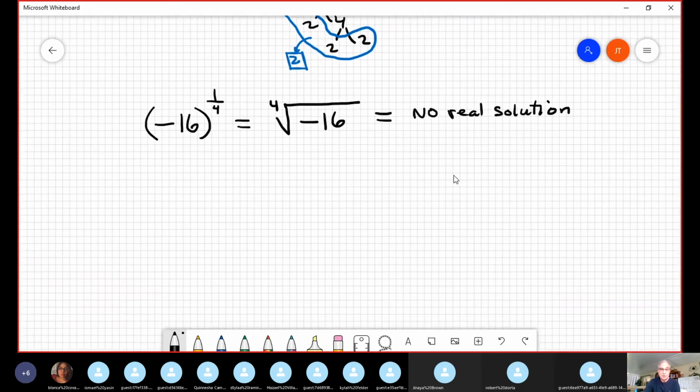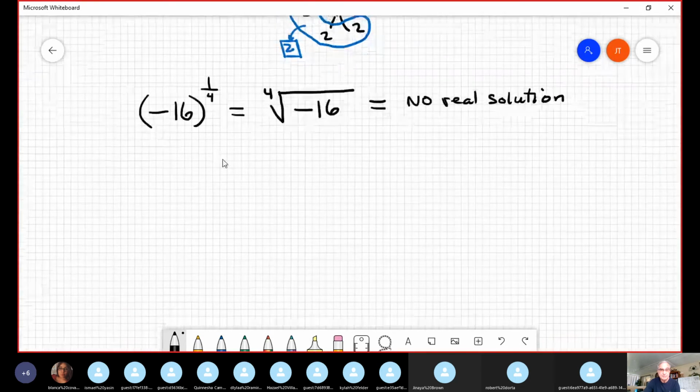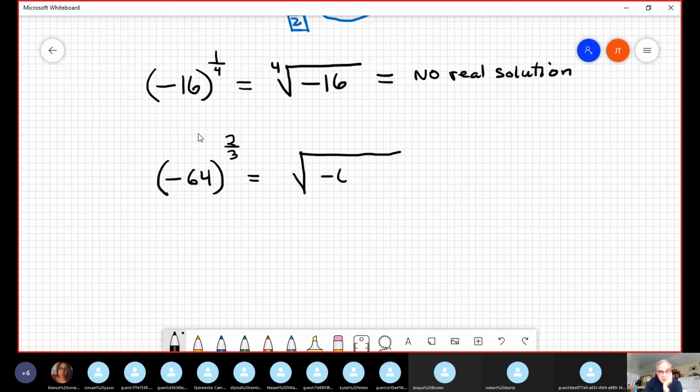Let me try another. Do you understand the difference between the minus without parentheses and the minus with parentheses? Suppose this: minus 64 raised to the 2/3. Again, you apply radical notation, and we have minus 64.